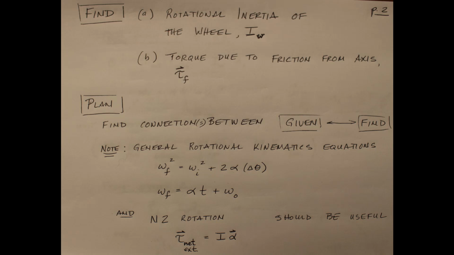And then the one that we're actually going to end up using for the kinematics equations is that the final angular speed is the angular acceleration times the time that's applied, plus the initial angular speed. This is for a constant angular acceleration situation. And then, of course, Newton's second law for rotation: the net external torque is the moment of inertia, or rotational inertia, times the angular acceleration.